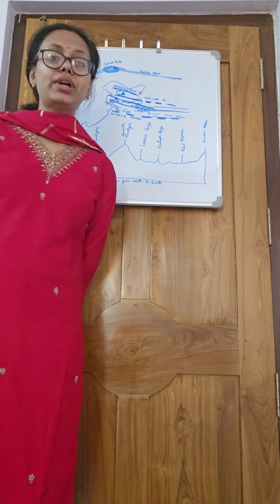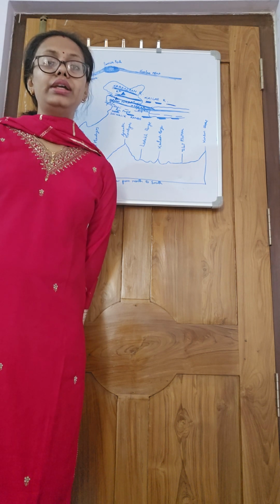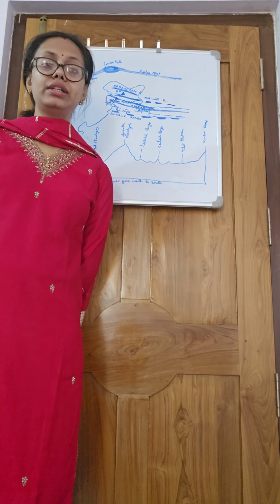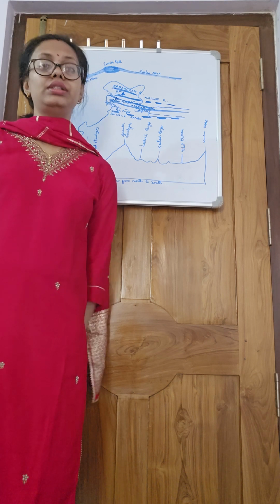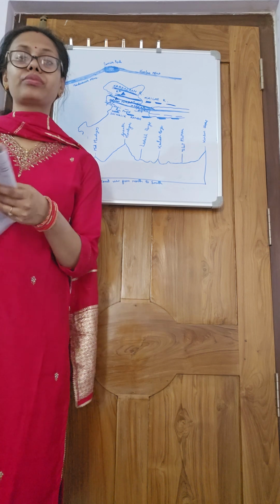Now, one important fact is that the Jhelum in this region is mostly young in its stage, like it is in its nascent stage, but it forms meanders in this region, in the Kashmir Himalayas region. Can you guess why?